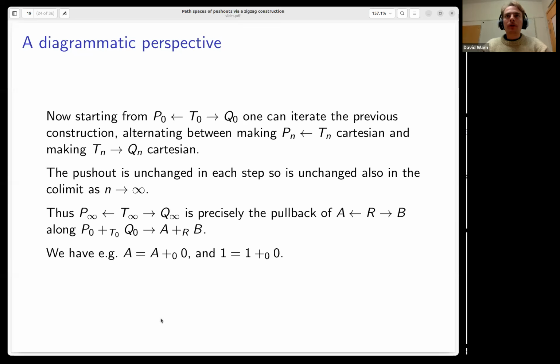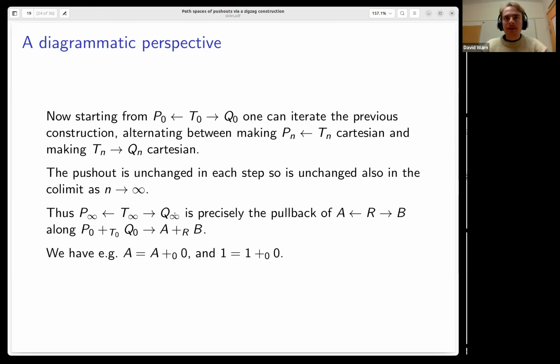Okay, so the construction then proceeds by starting from some arbitrary span T0, P0, Q0, and iterating the previous construction together with the symmetric version, alternating between making Tn to Pn Cartesian and making Tn to Qn Cartesian. Because in each step the pushout is unchanged, you can show that also in the colimit the pushout is the same, by commuting sequential colimits with pushouts.